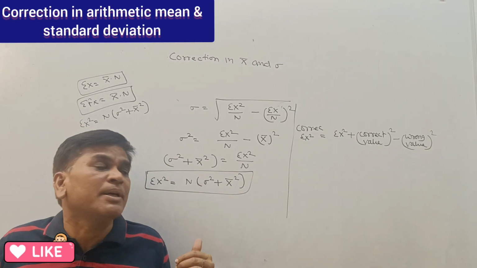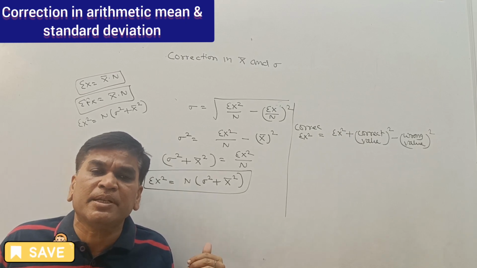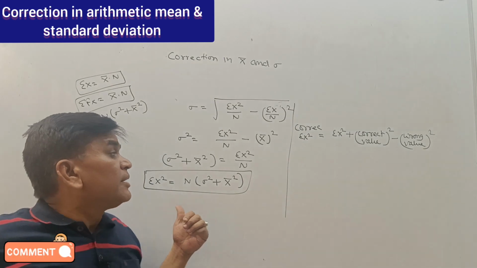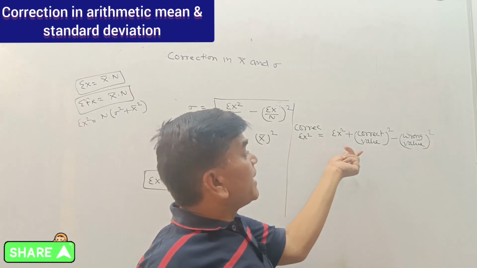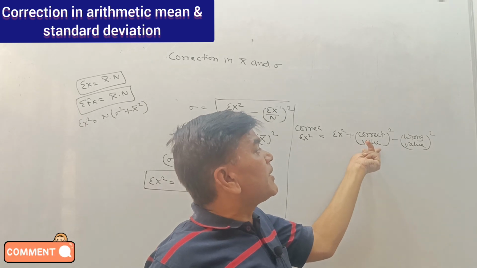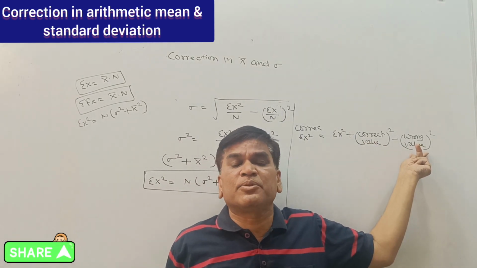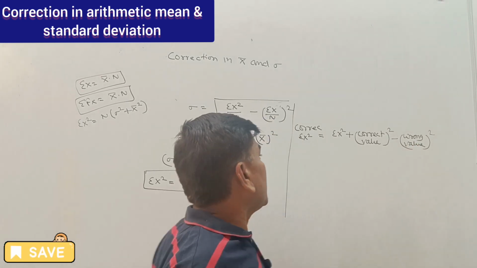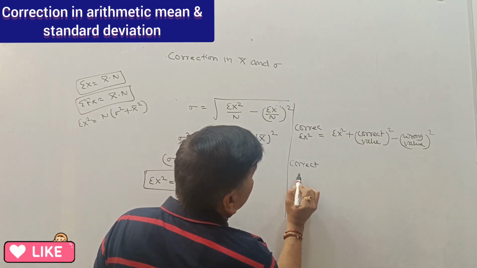For calculating sigma x square, we do n multiplied by standard deviation square plus x bar square. Then, to correct sigma x square, we add the square of the correct value and subtract the square of the wrong value to get the correct sigma x square. Then the correct standard deviation.